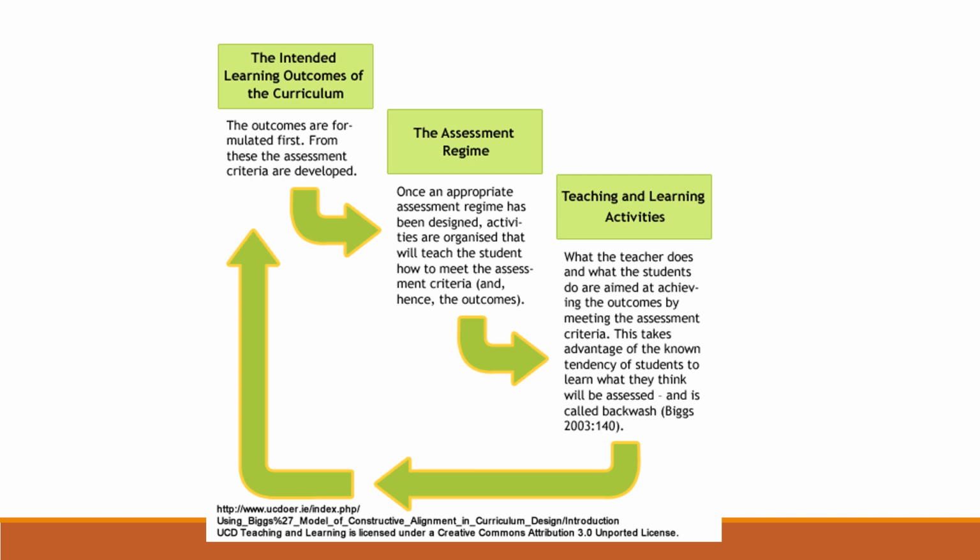When the assessment is designed, then of course we can now go to teaching and learning. So you can see that's why we call it a backward or backwash design. We don't teach until we've defined the outcomes, and then we have designed appropriate assessments.